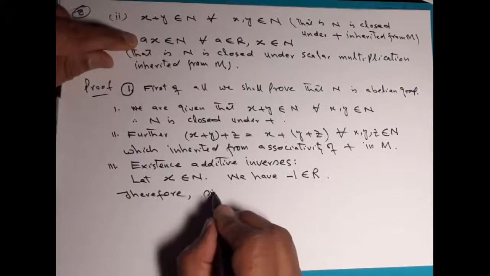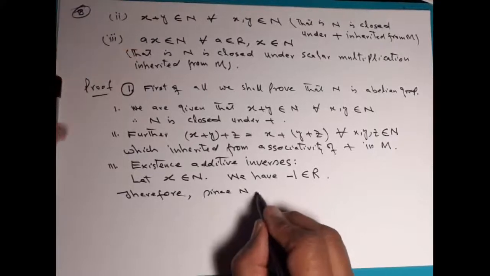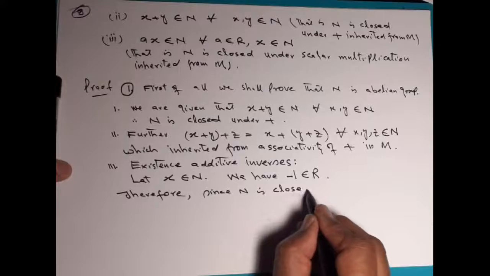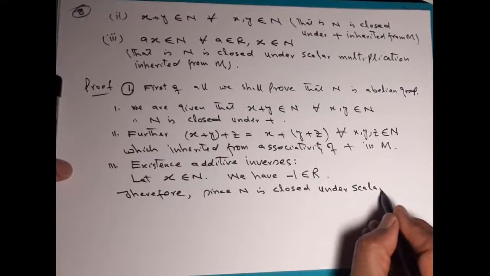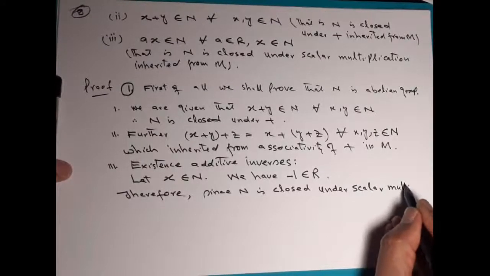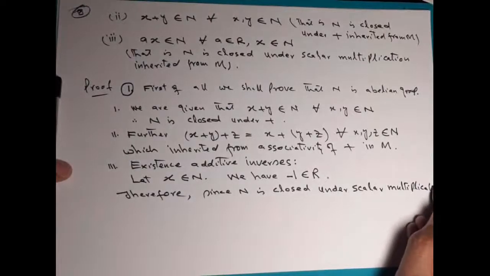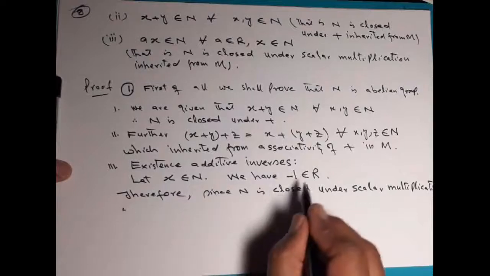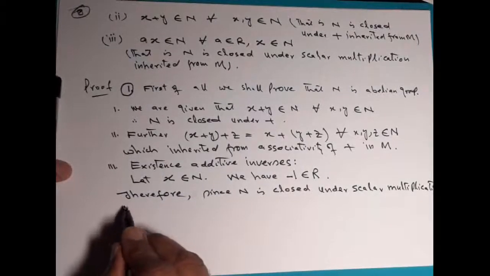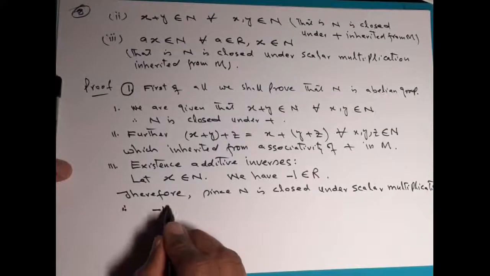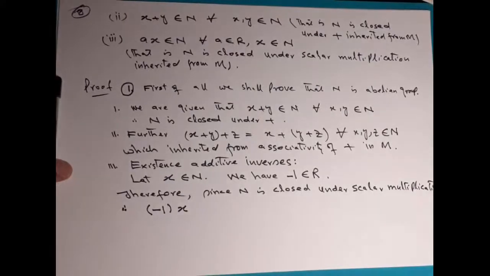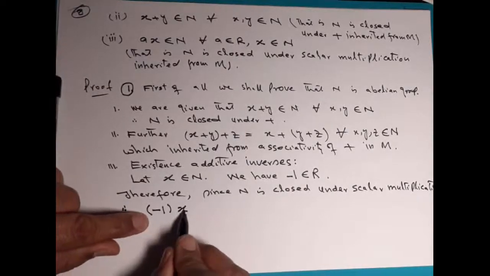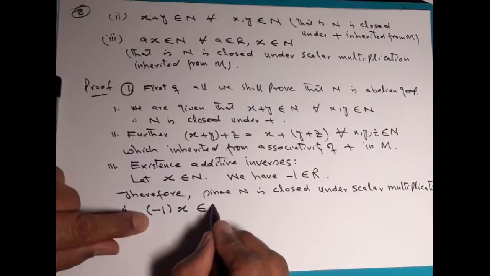Therefore minus 1, which is an element of the ring, a scalar, multiplied with x, which is an element of this abelian group N, will belong to N because N is closed under scalar multiplication.